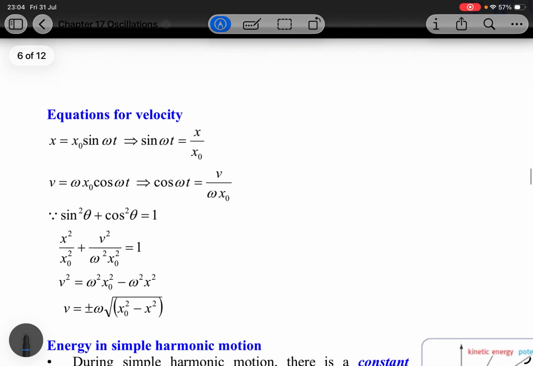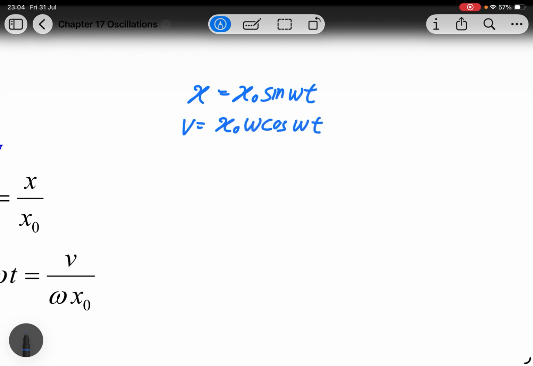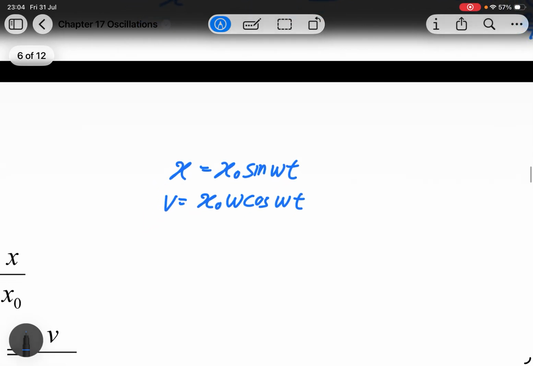Next one, equation for velocity. We learned that x equals x naught sine omega t, and v equals x naught omega cos omega t. Okay, from these two, let's say I rearrange it.